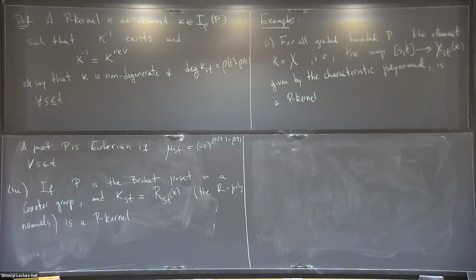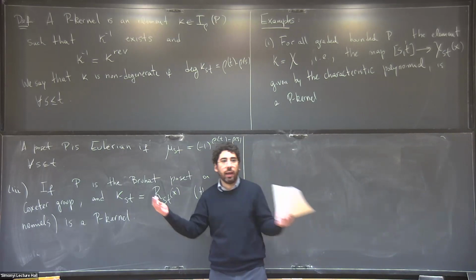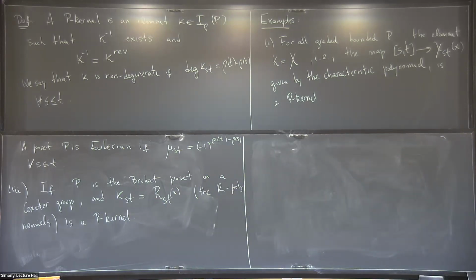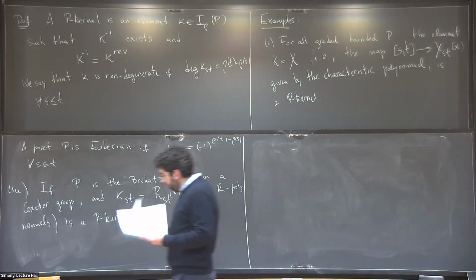And more so, they always, in the three cases, give you monic polynomials. That's even stronger. So characteristic polynomials are monic, (x minus 1) to the something is monic, and R polynomials are monic. These R polynomials are defined using the Hecke algebra of the Coxeter group. Let me skip that part and just say that this will work in case you are familiar with this construction. And there are many more examples.